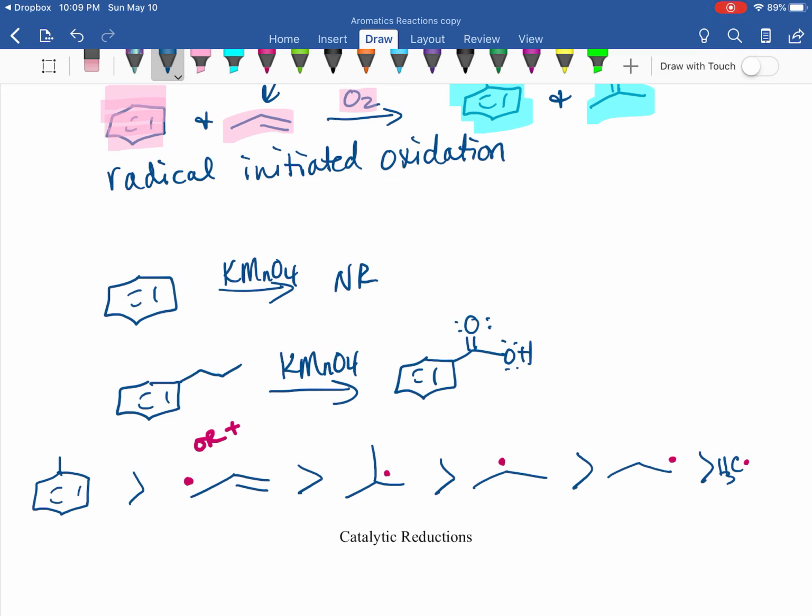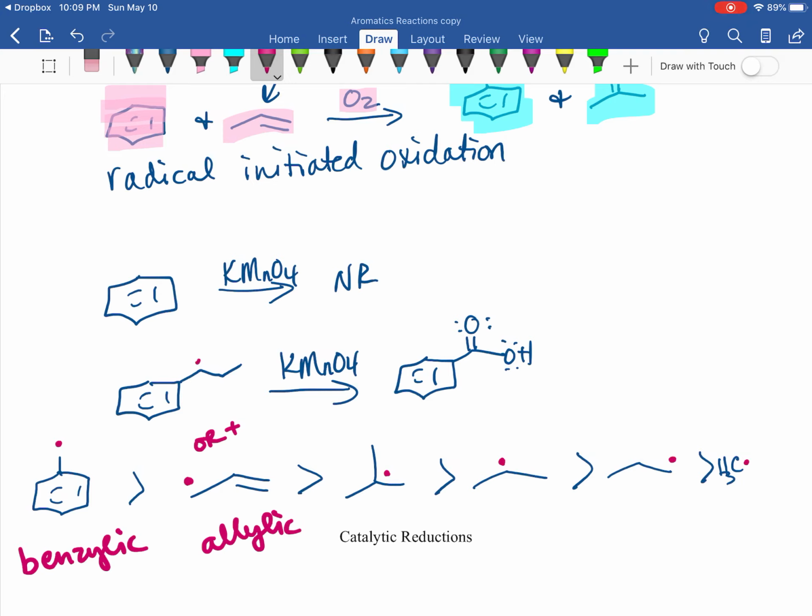And so on. And then finally, if you just have methyl, yeah, you're out of luck on that one. But I'm going to add to this list that next to a benzene is our best possible. Look at that. Next to a benzene is called benzylic. And that benzylic radical or carbocation, above all else, is the most stabilized. And then allylic is second to that.